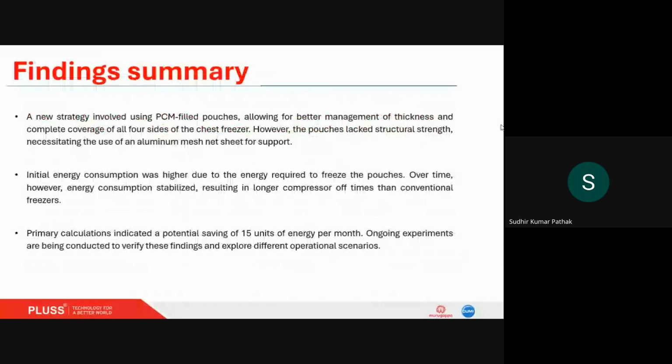And now, if we quickly summarize or conclude this session, the overall conclusion is that PCM plays a very important role in building applications, in cold rooms and in refrigeration systems.